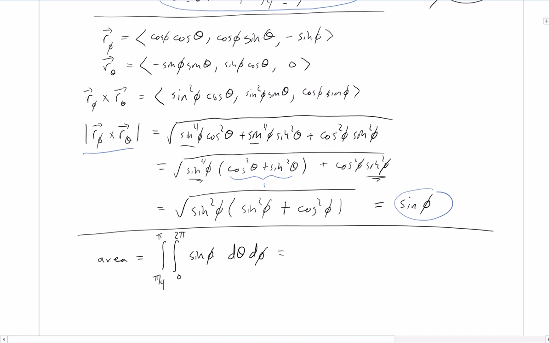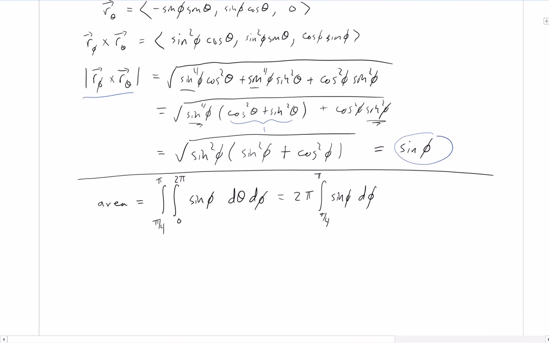There's no theta in the function, so the first integral just gives us a factor of 2 pi. And now the integral of sine is minus cosine.